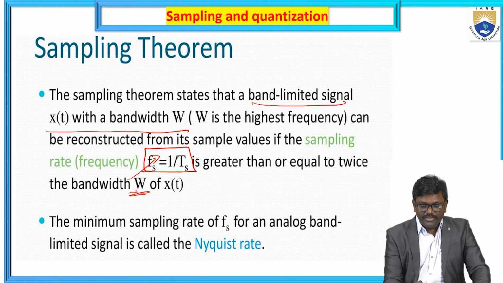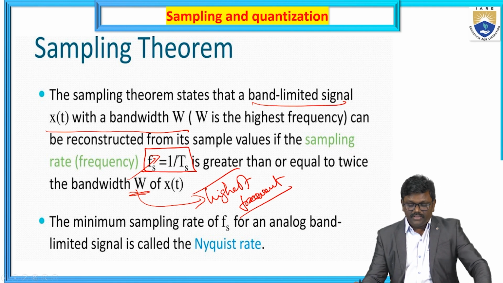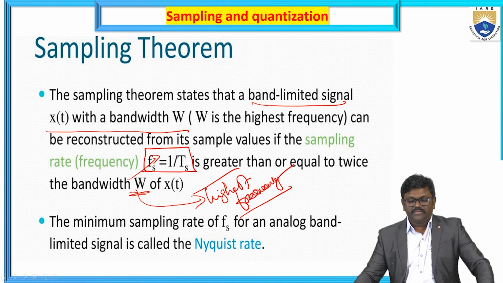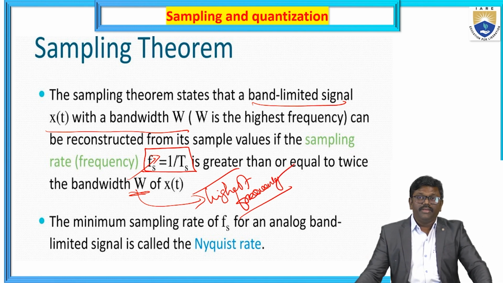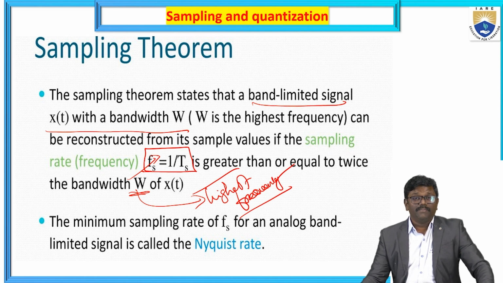So what is the W here? W is the highest frequency band value, the highest frequency value that can be reconstructed from its sample values with the sample rate.